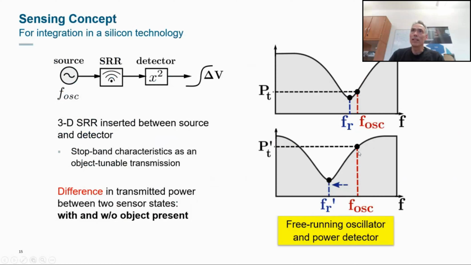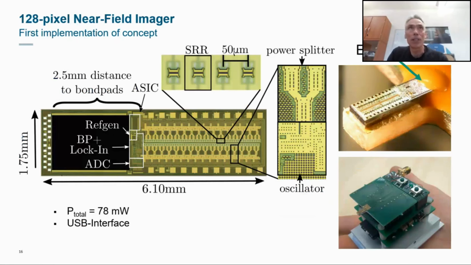So we really can simplify this architecture and implement an oscillator basically in every pixel of our imaging system. And this is shown here in this first implementation of this concept, where we have a 128 pixel near field imaging chip. So in one line, basically, we have these 128 sensors with a pitch of 50 micrometers.